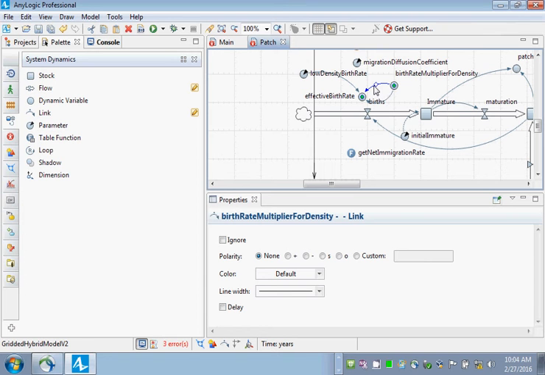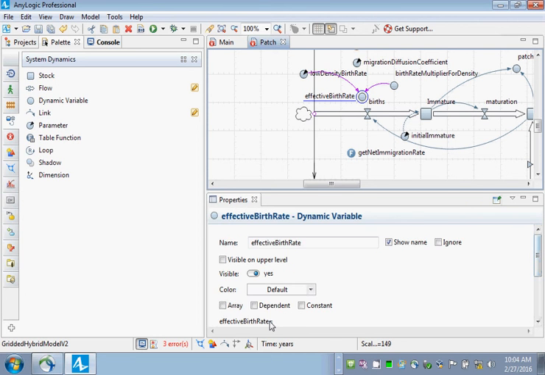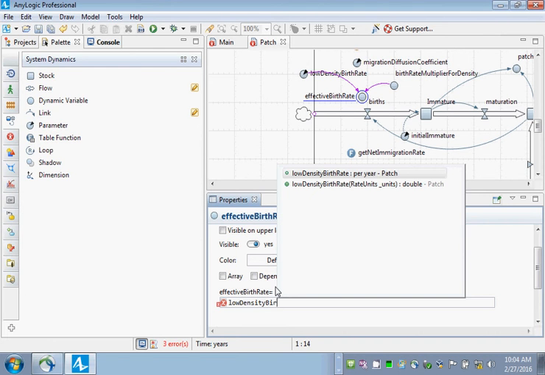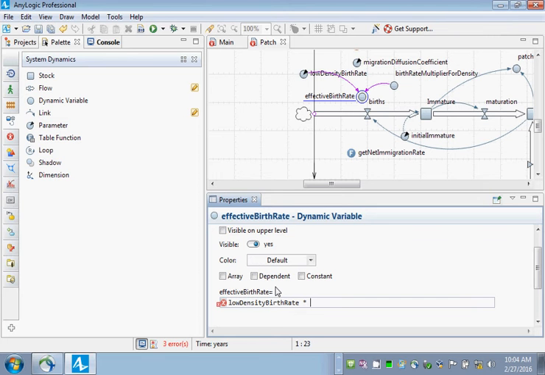We're going to drag in a link from patch population to birth rate multiplier for density. Here we have a patch population, and it's going to influence this birth rate multiplier for density.